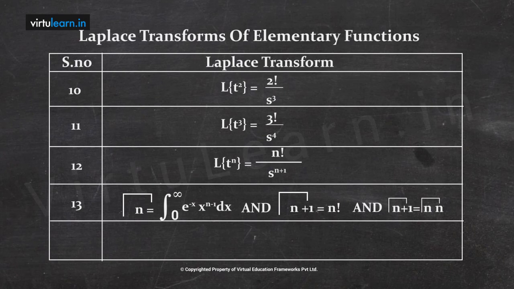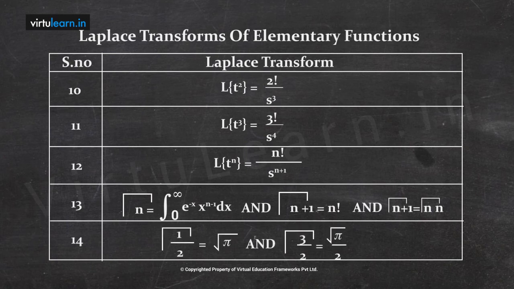While solving problems, the gamma values of some constants, the fraction parts, are important. Gamma half equals square root of pi. This is a standard value that you have to remember, and we can write it directly. Gamma 3 by 2 is square root of pi by 2.